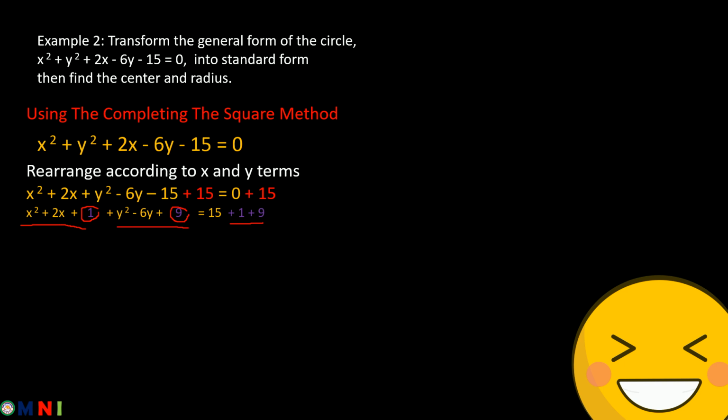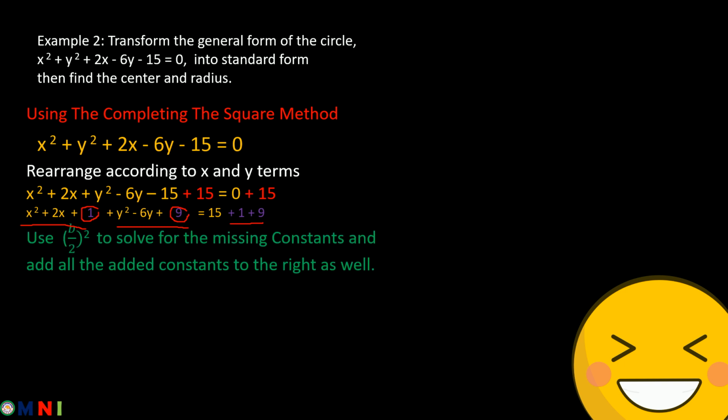It's a trinomial because it has 3 terms, for the x terms and for the y terms. So how did we get the 1? We use the formula (b over 2) squared to solve for the missing constants both for the x and the y group, and add all the constants to the right as well to balance the equation.